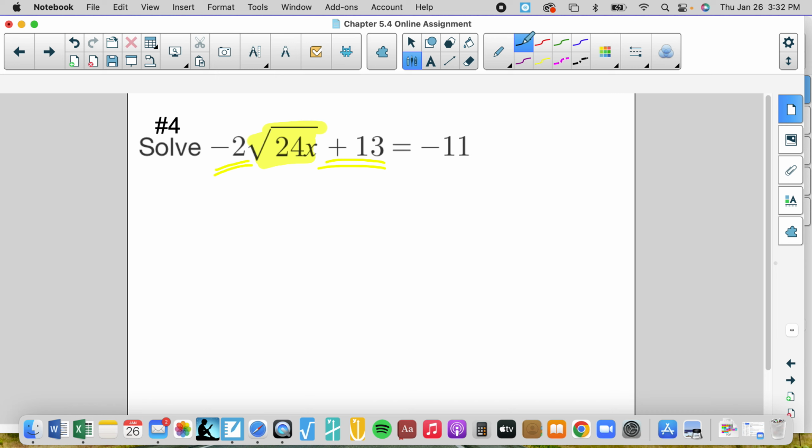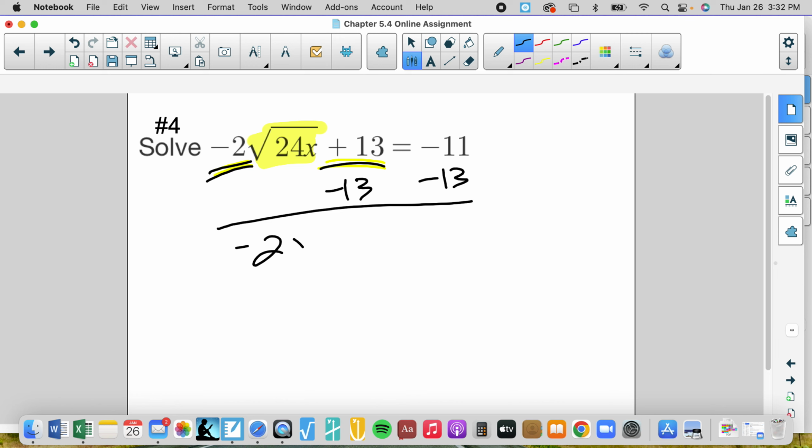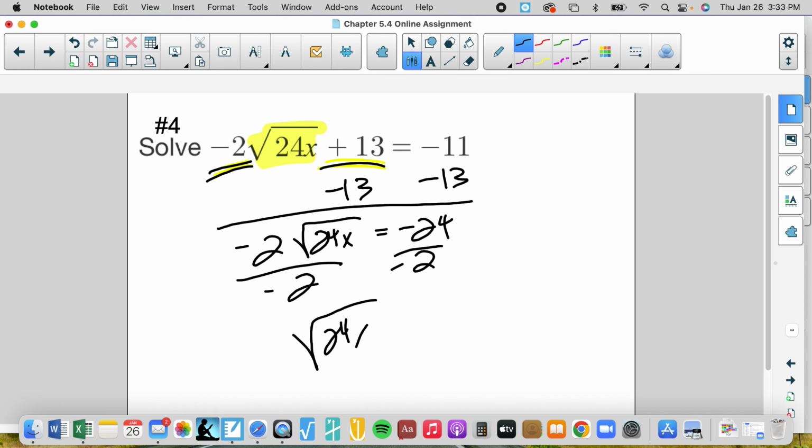We have something being added to it and something being multiplied to it. We get rid of the things being added and subtracted first. So we get negative 2 times the square root of 24x equals negative 24. We divide by negative 2, and we get radical 24x equals positive 12.